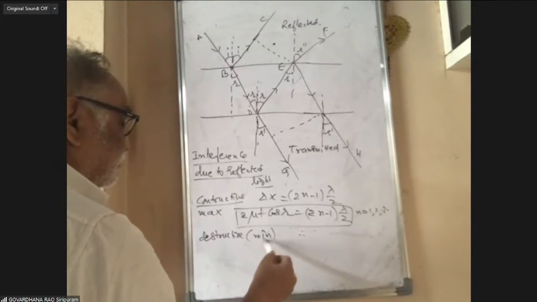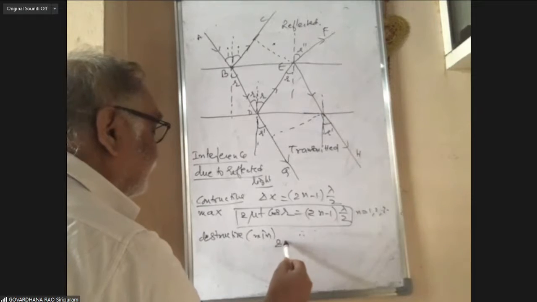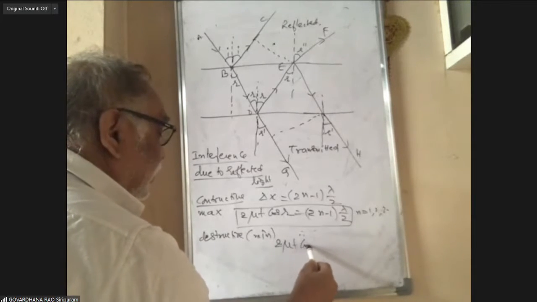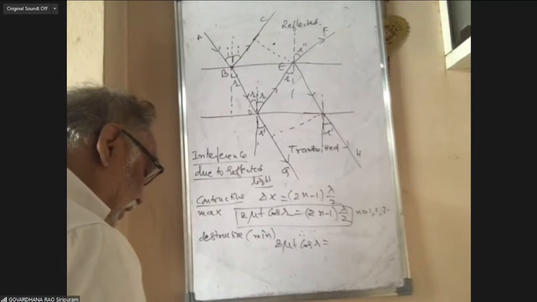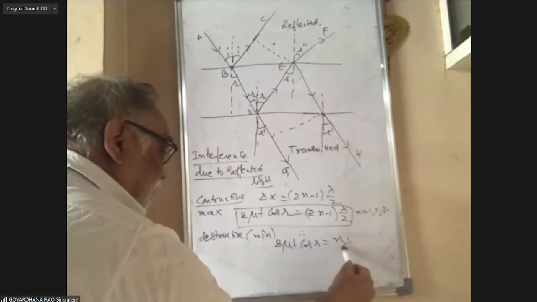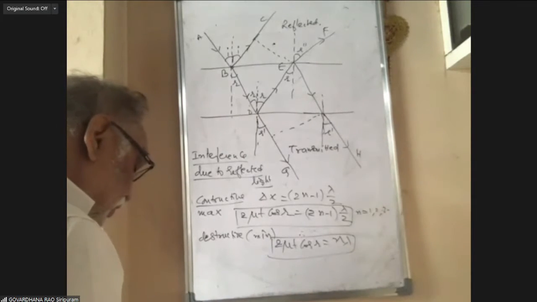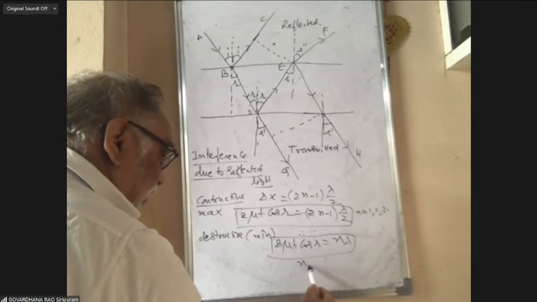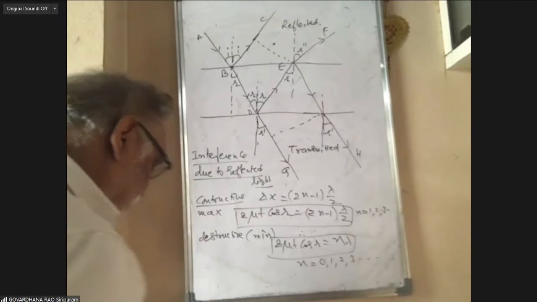Minima. Okay. This is how much? 2 mu t cos r is equal to n lambda. This is for destructive. Okay. Where n equals 0, 1, 2, 3 and so on.